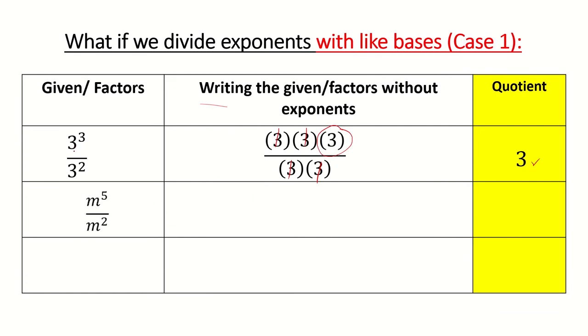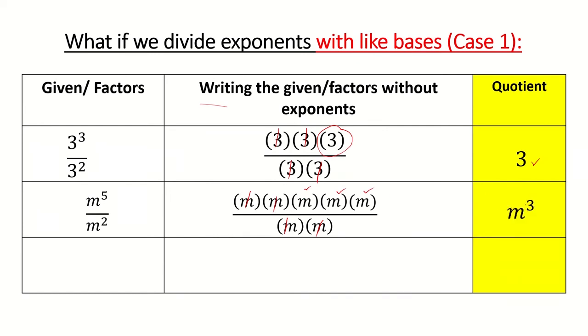Now what if the base would now be a variable? So we have here m to the power 5 divided by m squared. We expand m to the power 5 as 5 m's and m squared as 2 m's. So we cancel out one set of m and another set of m. What is left is 3 m's, so that means m cubed.